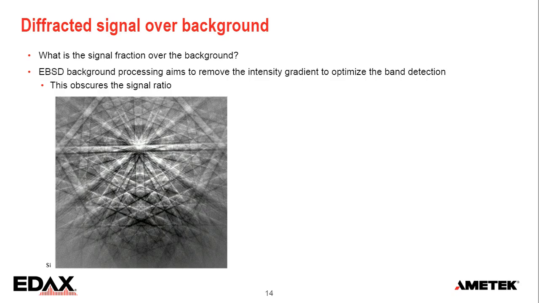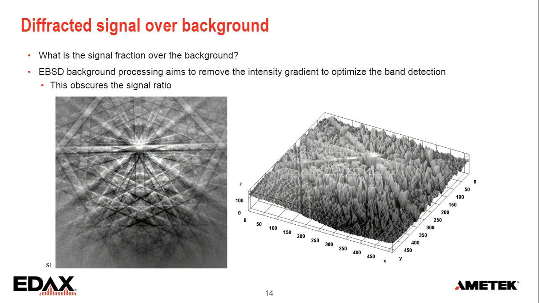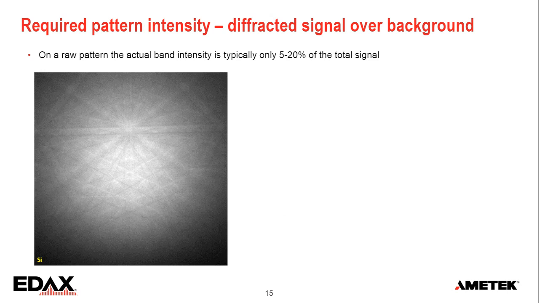And when you do that, we get beautiful patterns, we get good contrast, and if you look at it in a 3D plot, you can see all the little details like spikes in here, and the bands are clearly visible. It gives us good patterns to work with, but it obscures this signal-to-noise ratio that we're after at this moment. So let's take a look at some unprocessed patterns.